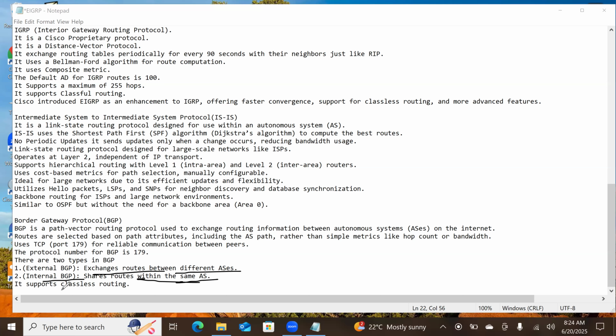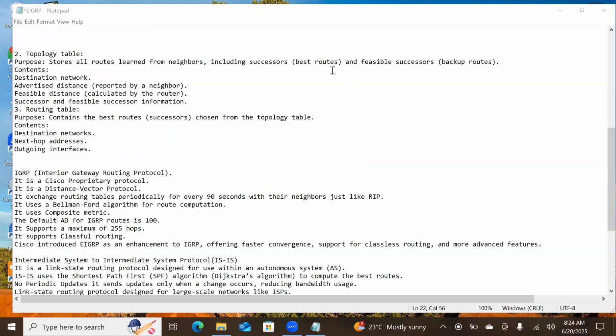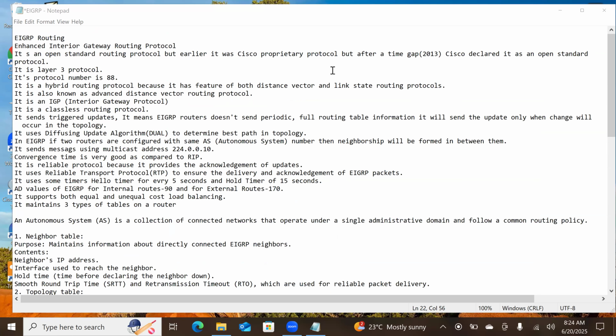It supports classless routing, obviously, as it is an advanced routing protocol. So these are some details about IGRP, ISIS, and BGP. Clear?